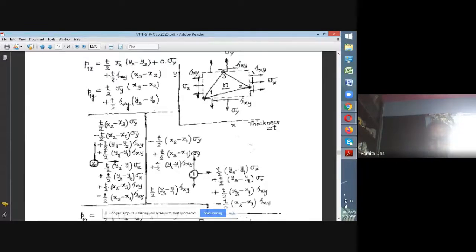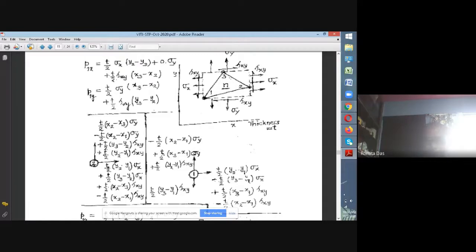So the load due to sigma x on this segment is going to be (y2 minus y1) into sigma x multiplied by t by 2. That's the load which comes up because of this stress on this segment.